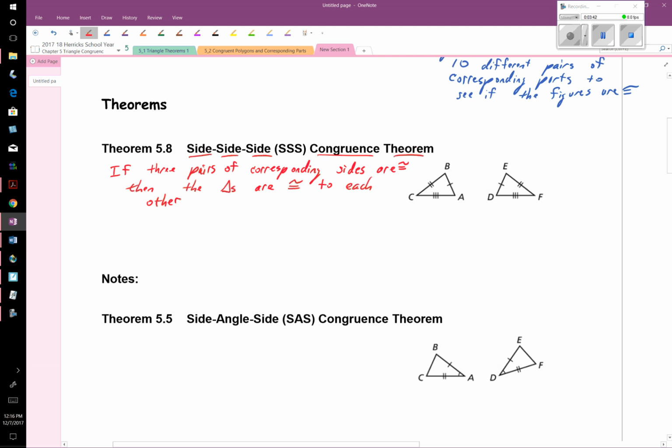Okay, so how we can write this algebraically, if you look in the picture, we know that AB is congruent to DE right here. We know that BC is congruent to EF, and CA is congruent to DF.